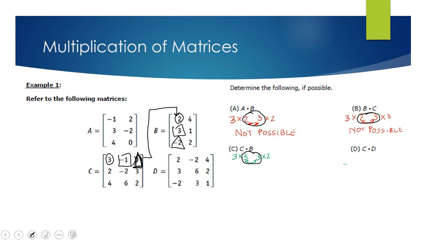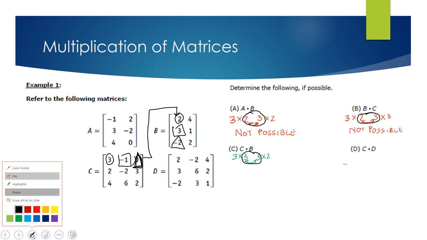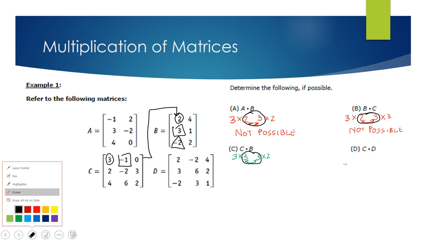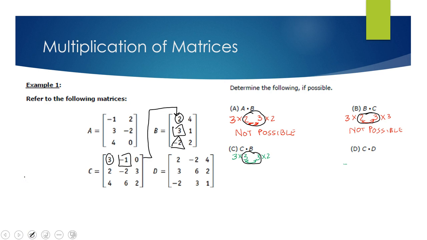So I would take 3 times 2 plus negative 1 times 3 plus 0 times negative 2. And I would add those all together, and that would give me my very first term in row 1, column 1.